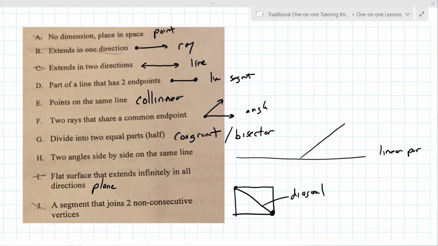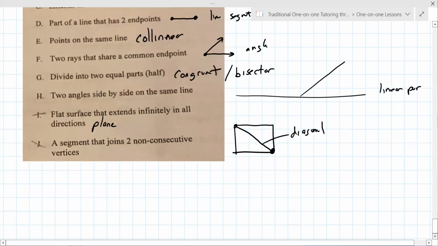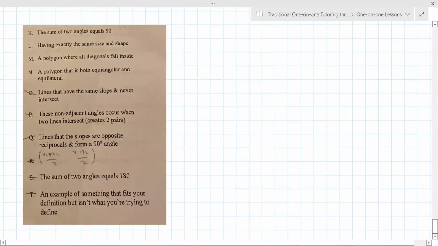Some of them you already know because we've talked about them at length tonight. The sum of two angles equals 90, those are complementary.